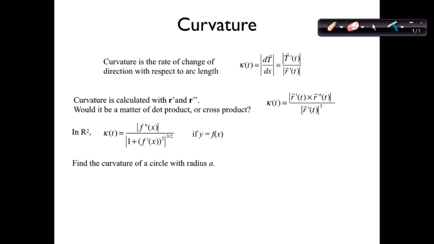All right, so let's find the curvature of a circle with radius A. I want to use R3. So what's the simplest parameterization or vector function for a circle with radius A? I'm going to start off with that.